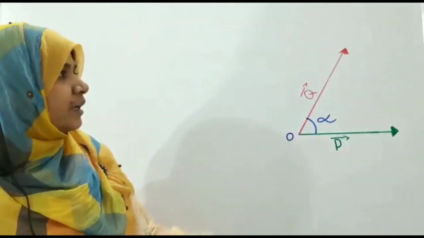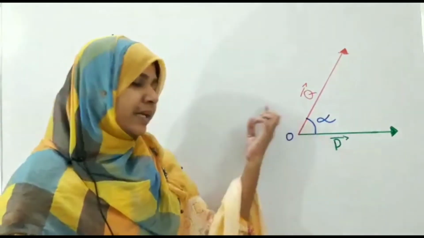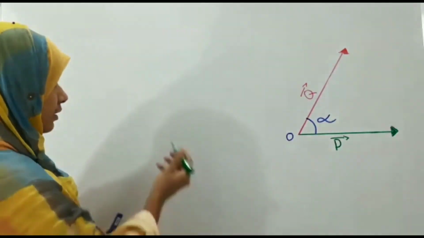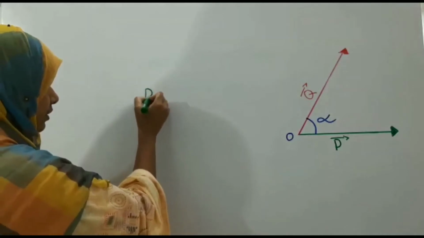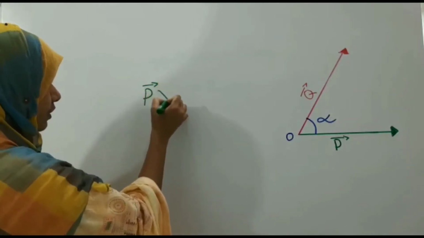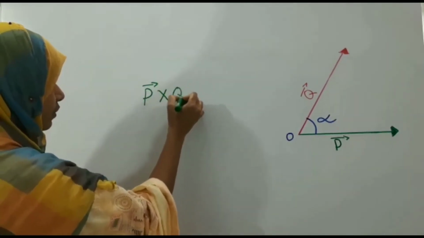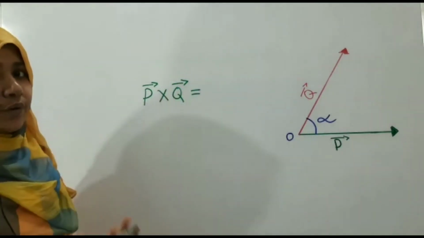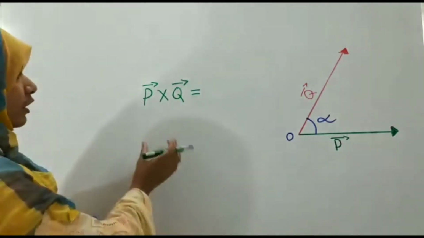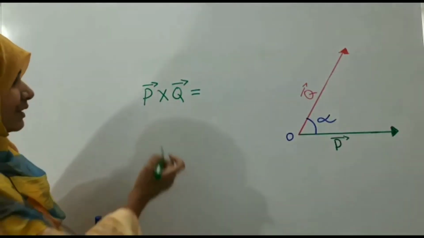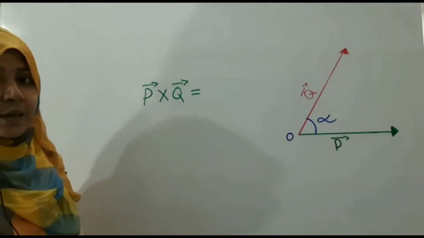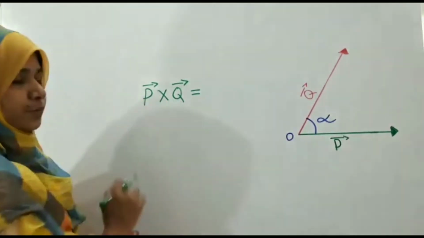Now if we multiply these two vectors, we write P cross Q. When we identify the cross product or vector product, this sign is used between these two vectors. That's why another name of vector product is cross product.